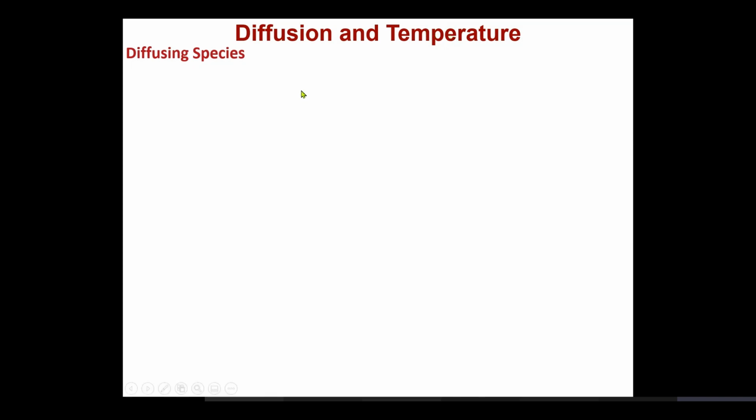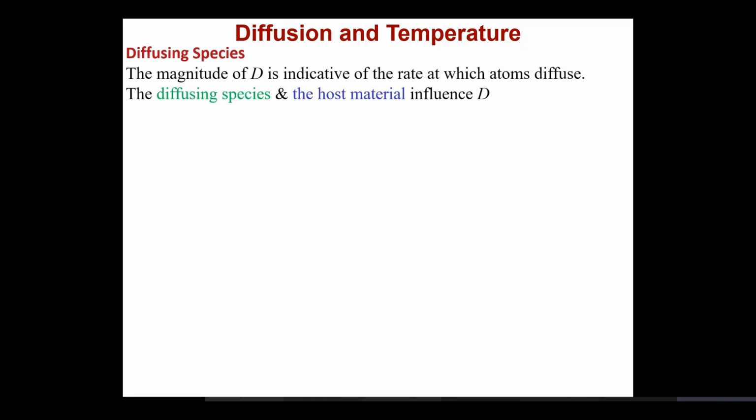It says the magnitude of D is indicative of the rate at which atoms diffuse, and it is dependent upon the diffusing species, the element or material that is diffusing from high concentration to low concentration, and the host material in which the diffusion is taking place.